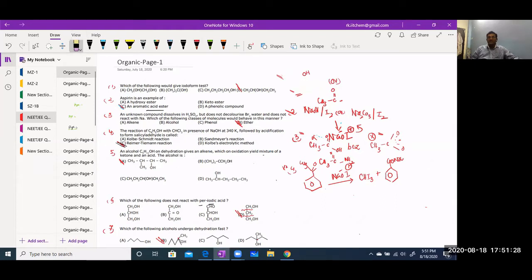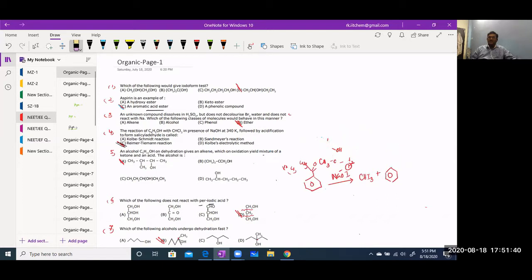When salicylic acid is treated with acetic anhydride in presence of concentrated H2SO4, you are getting acetyl salicylic acid.